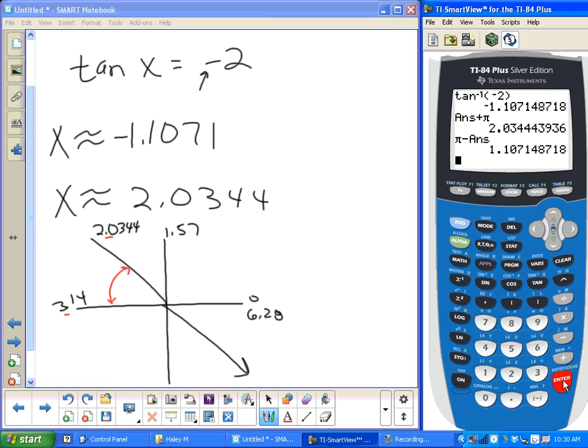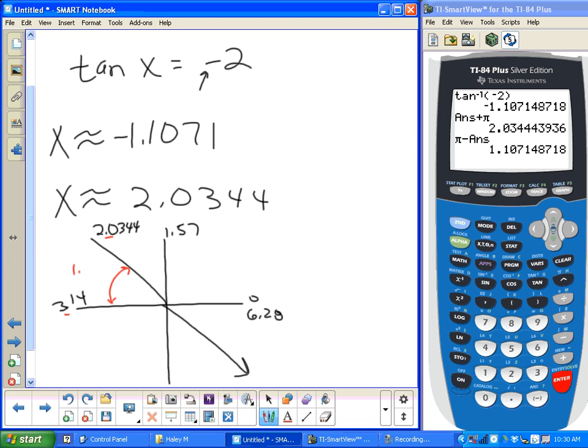So my reference angle is 1.1071. Now, is that what this angle down here is? No, that would be the reference angle. So that would be this part of it, right? 1.1071. That's just the reference angle.